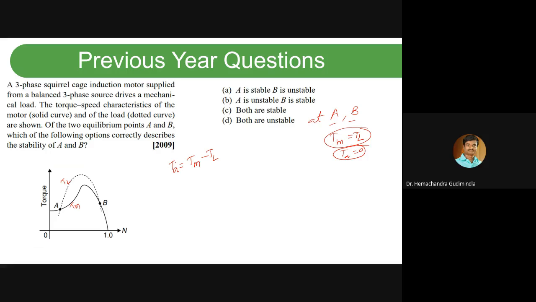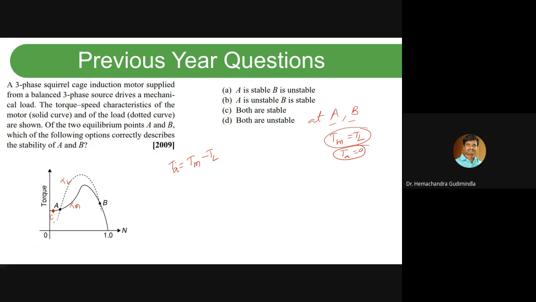Now if we create any disturbance near point A, what happens? Let us choose a point over here, my point C. What will happen in this condition? This is the TL graph and this is the Tm.